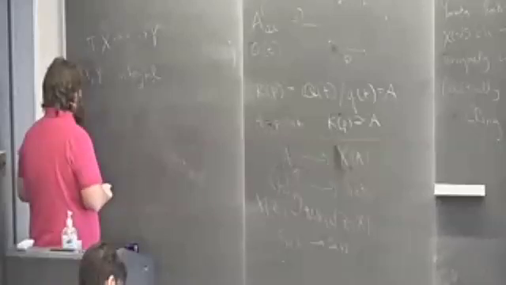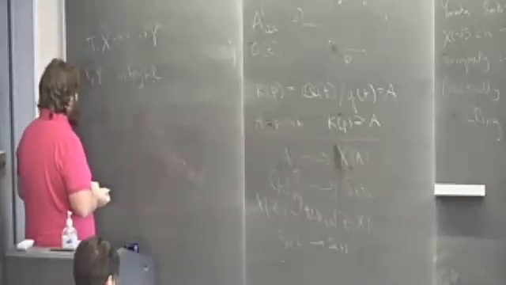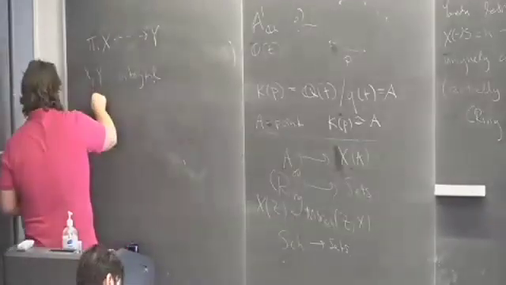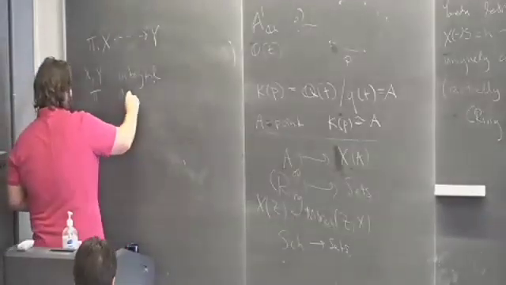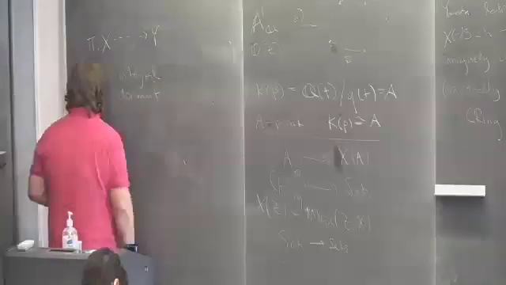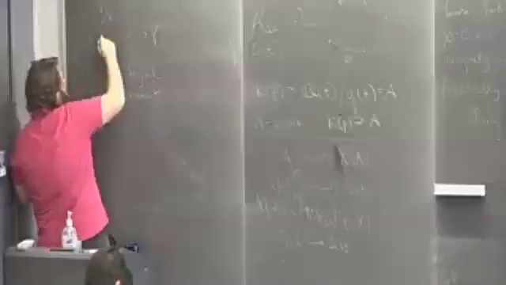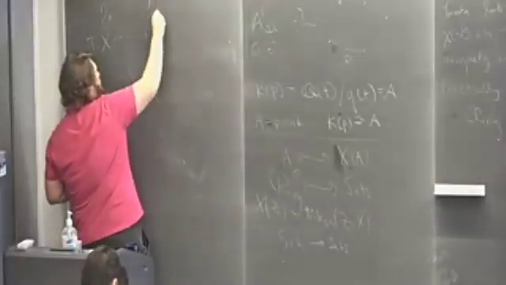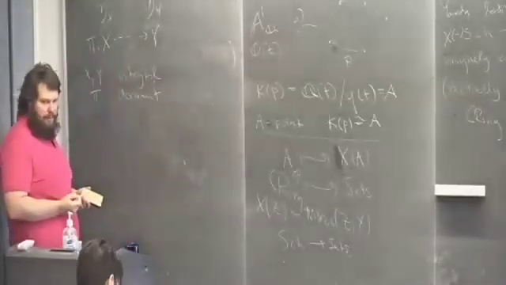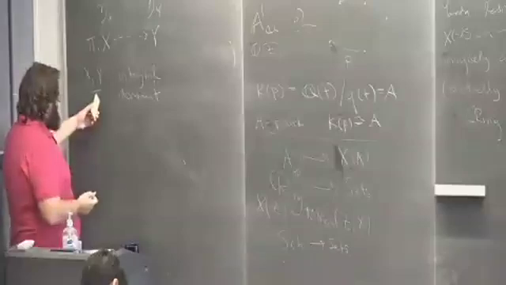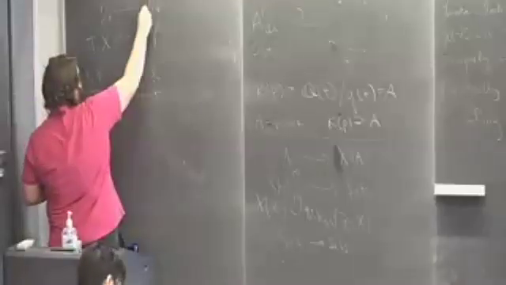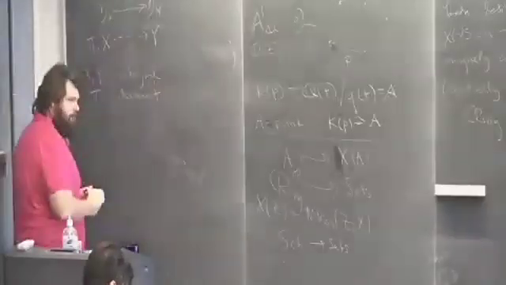So if I assume they're irreducible, that means they're integral. And pi dominant, well, that means that here I have a generic point eta_X and here I have a generic point eta_Y. Those are going to be in every open subset. So my dominant rational map maps this generic point to this generic point.